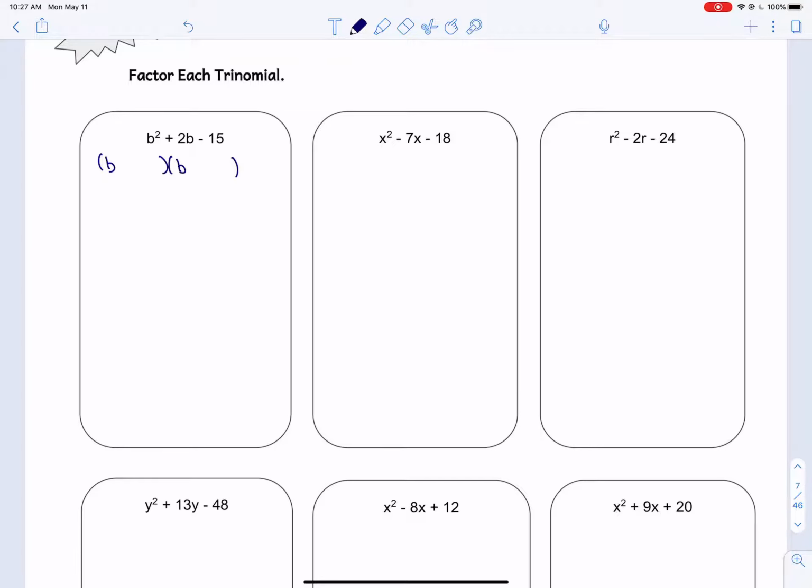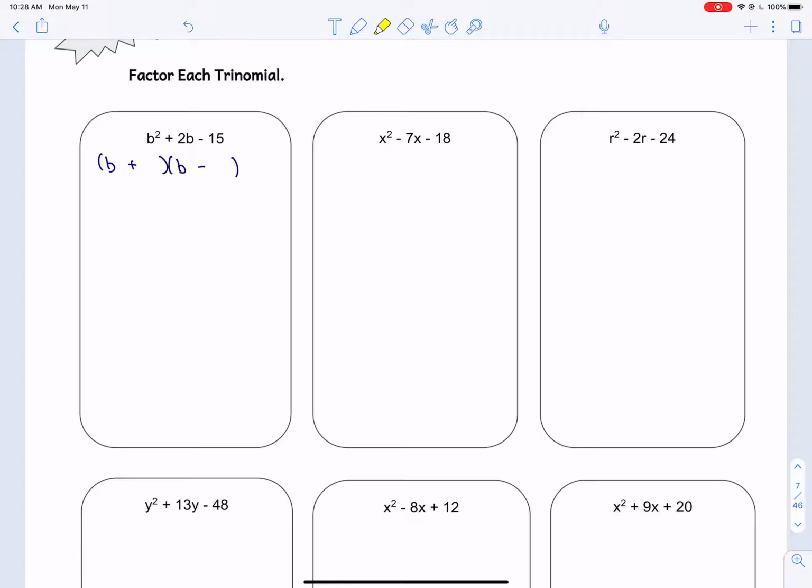The second sign is a negative, so no matter what, these signs are opposite. You could put the plus first and then the minus, or minus and plus. It doesn't matter, but they have to be different, because when we multiply the numbers in this position, we have to get a negative. The only way to do that is a positive times a negative.